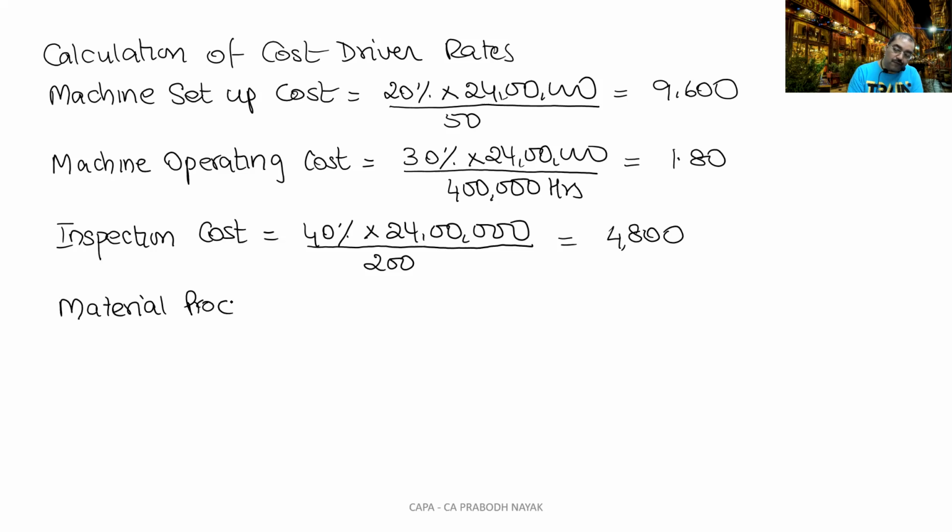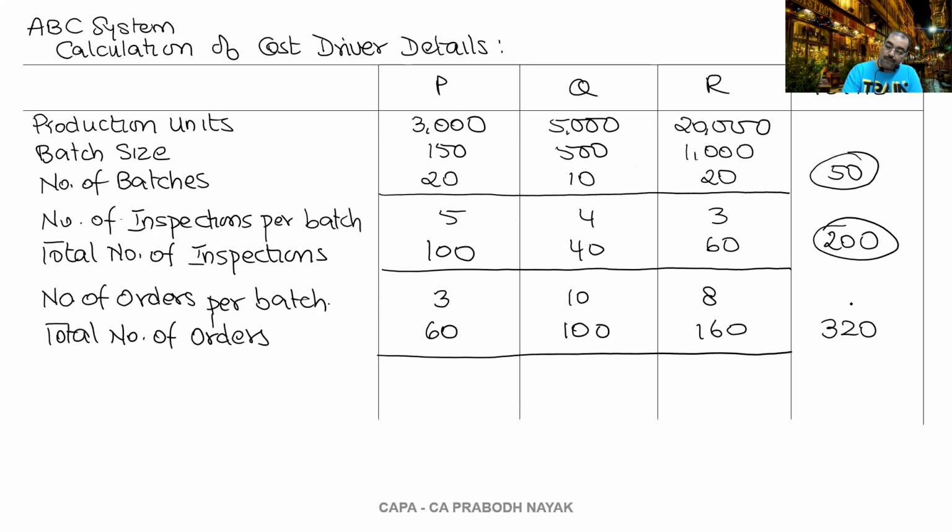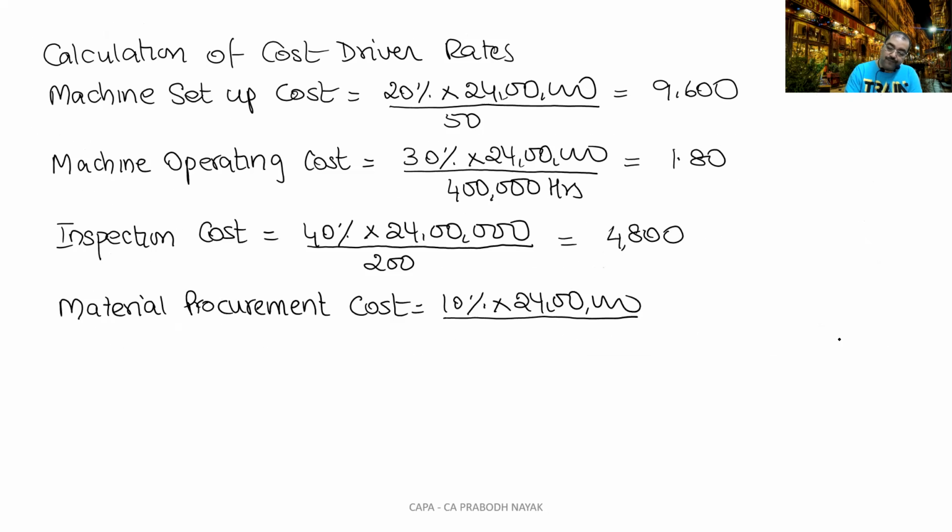Material procurement cost is 10%. 10% of 24 lakhs is 2 lakh 40 thousand, divided by total number of orders, 320. So 240 thousand divided by 320 is 750.